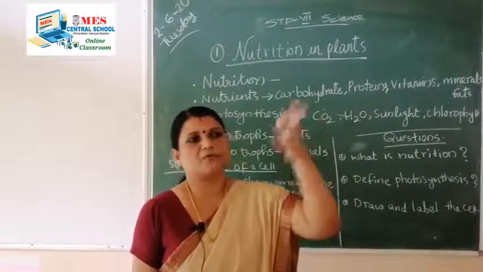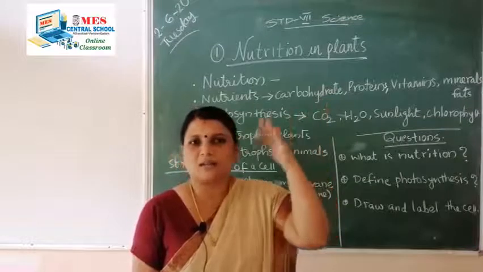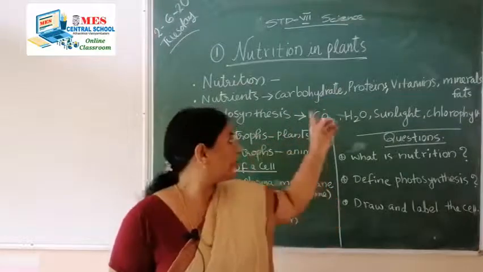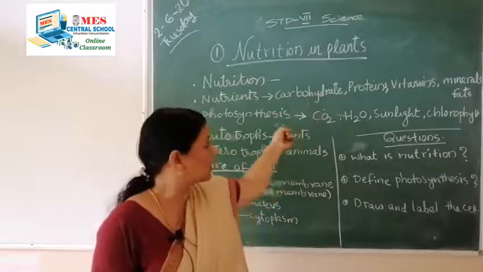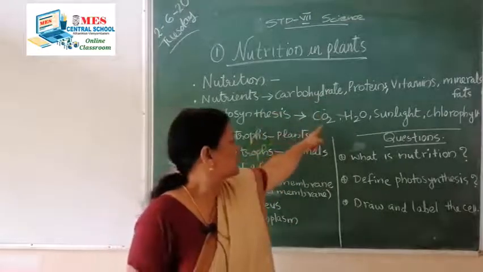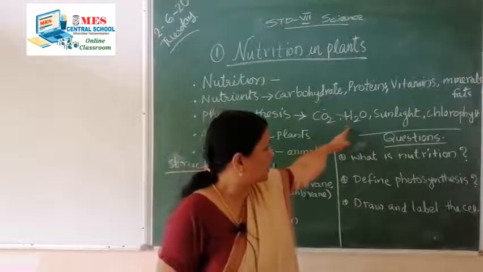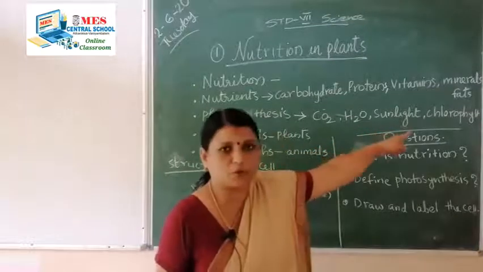So these components are essential for photosynthesis. What are the components? Carbon dioxide, water, sunlight and chlorophyll.